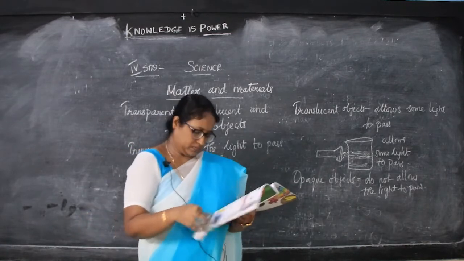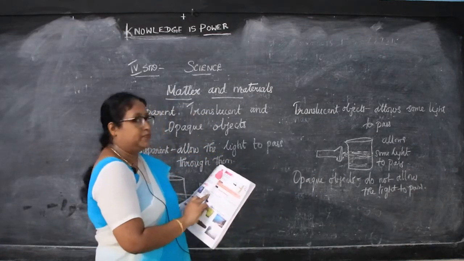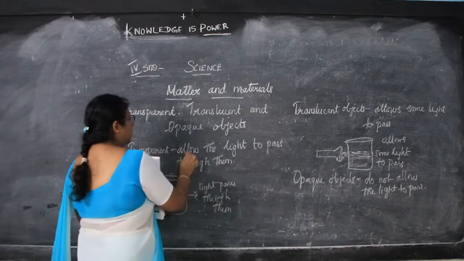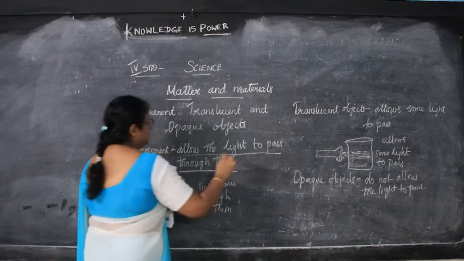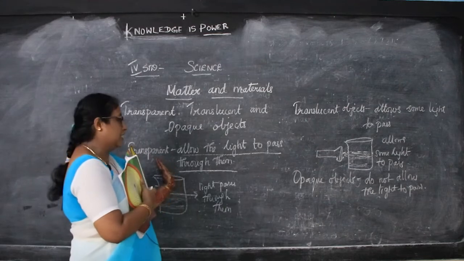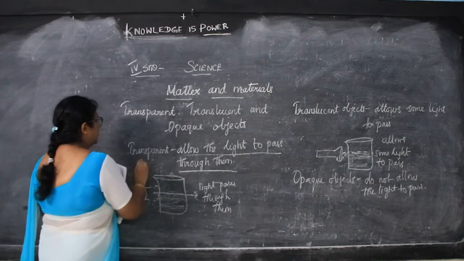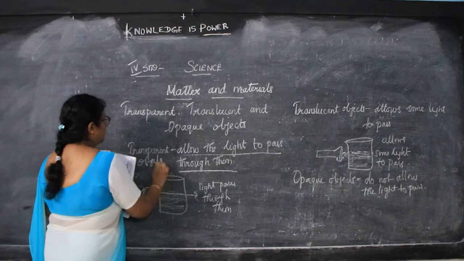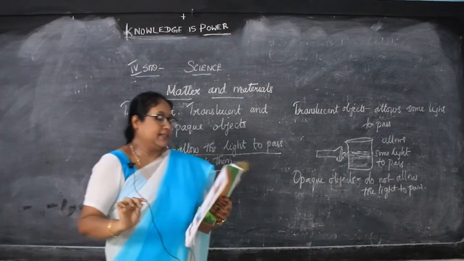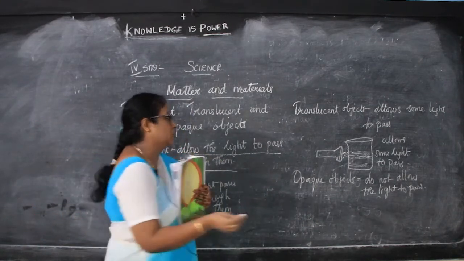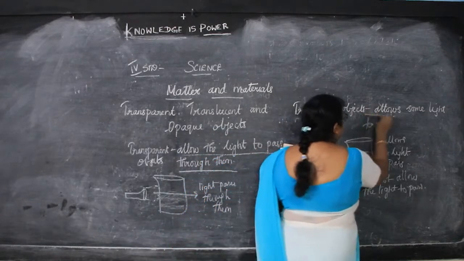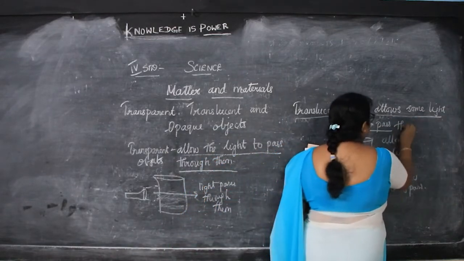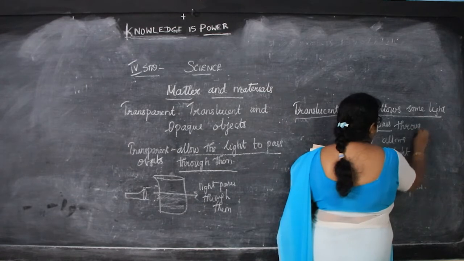Transparent objects allow the light to pass through them. Translucent objects allow some light to pass through them.